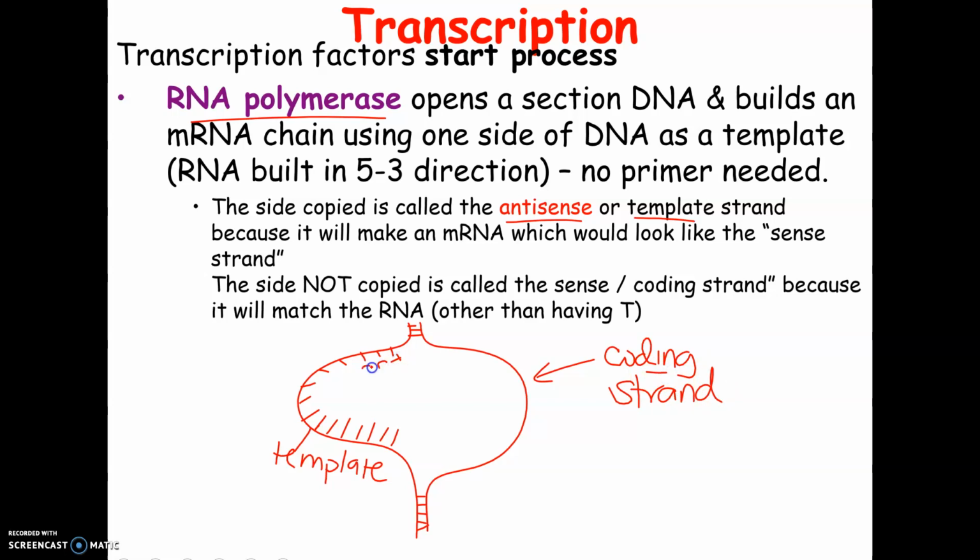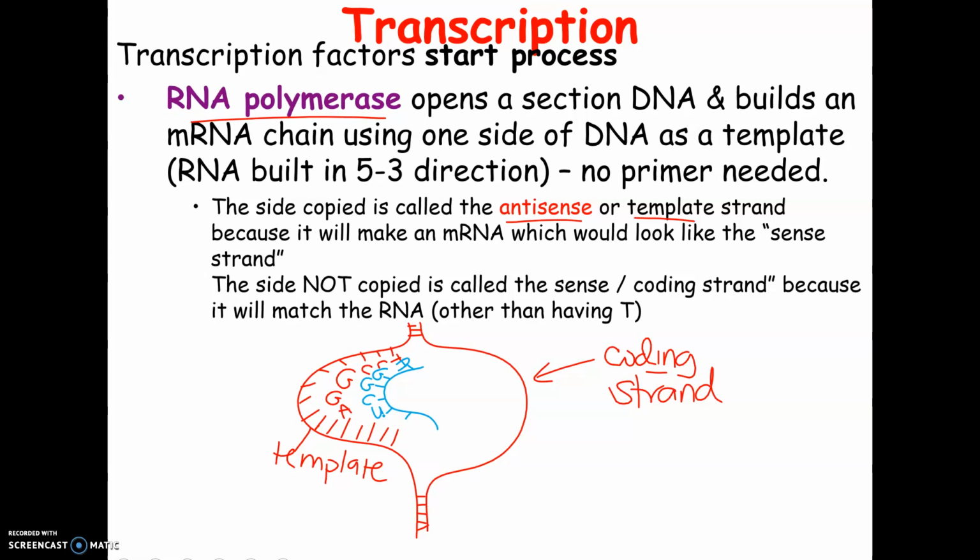So imagine I have T, C, C, G, G, let's say A, okay? My mRNA is now going to get built from this. So now my mRNA is going to be built using this template of DNA, right? So this is going to be A, G, G, C, U. Why U? Because there's no T in RNA, remember. All right, so I have AGGCU as my RNA.